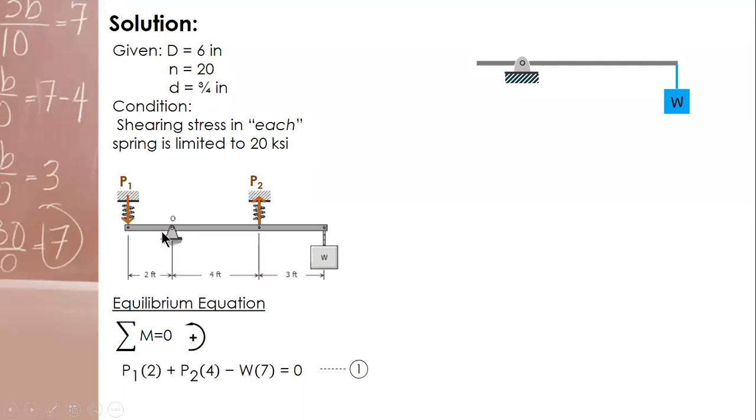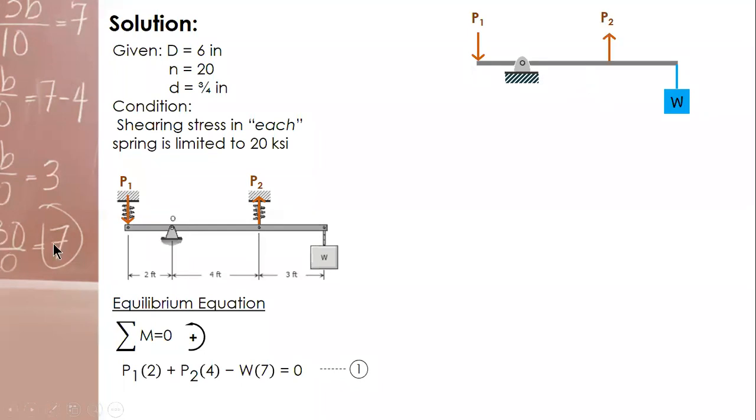What will happen to this bar if there is a weight? When it is pulled, this point will go up, and this point will go down, with P1 and P2.